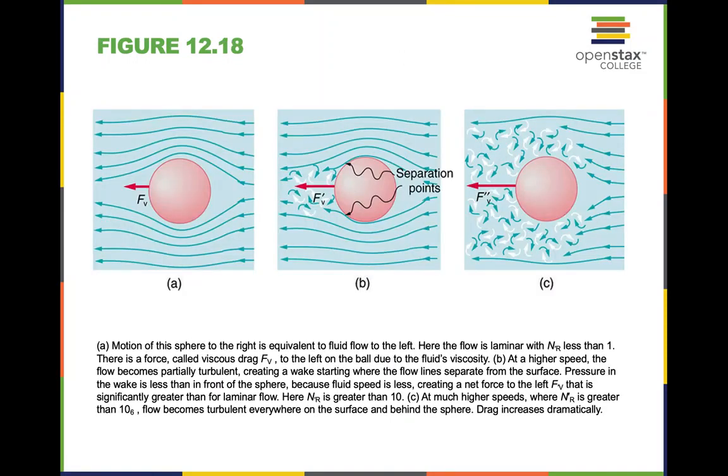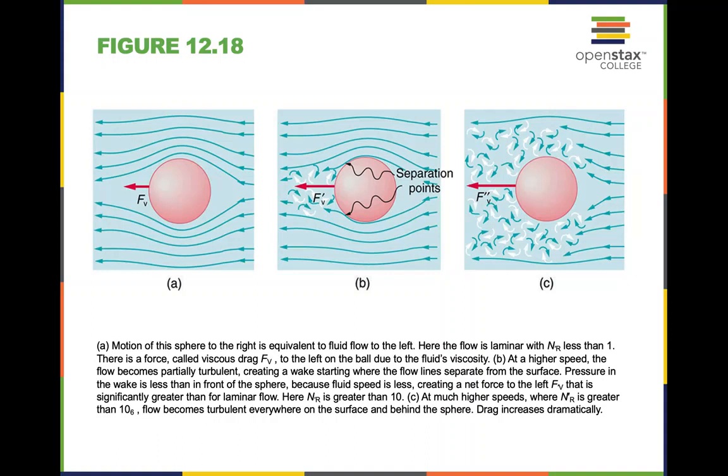For figure 12.18, for A, we have motion of the sphere to the right, which is equivalent to flow to the left. Here the flow is laminar with NR less than 1. There is a force called viscous drag, FV, to the left on the ball due to the fluid's viscosity.